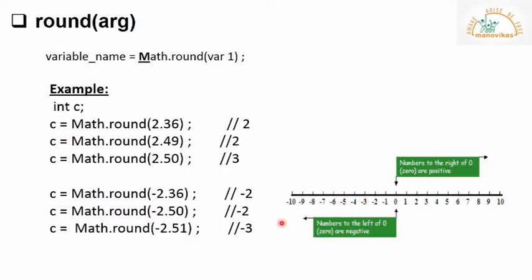So it will be rounded down to the nearest integer, that will be the lower negative integer, that is minus 3. Please remember this, that is when it is on the negative side, this is a bigger number and this is a smaller number. Please do remember this.